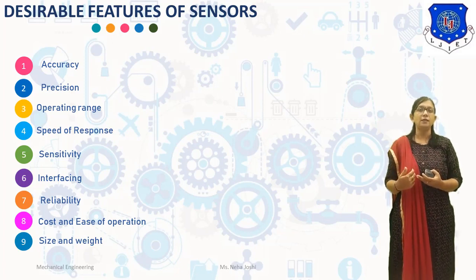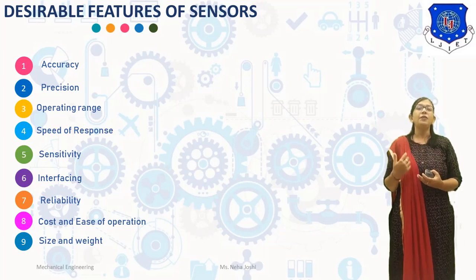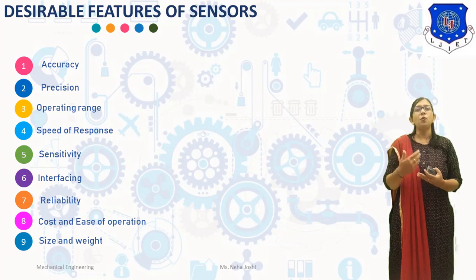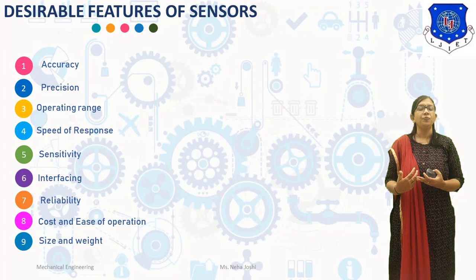Next one is precision. Sensor must be precise. The third feature is operating range. It is the difference between the smallest and largest output that the sensor can provide, or the difference between the smallest and largest input with which it can operate properly.